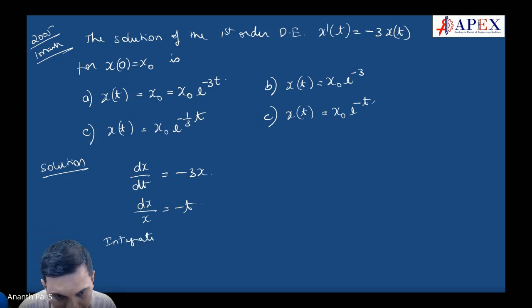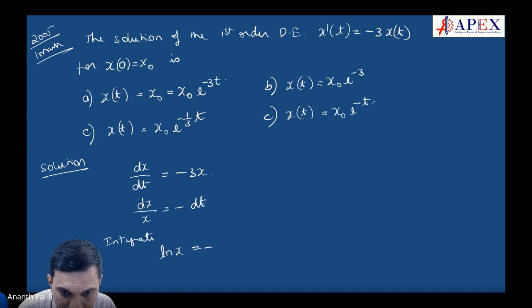So when you integrate this, you get log of x. 1 by x, when you integrate, you get log of x, right? Is equal to minus 3t, sorry, this is dt. I'm very sorry, students.